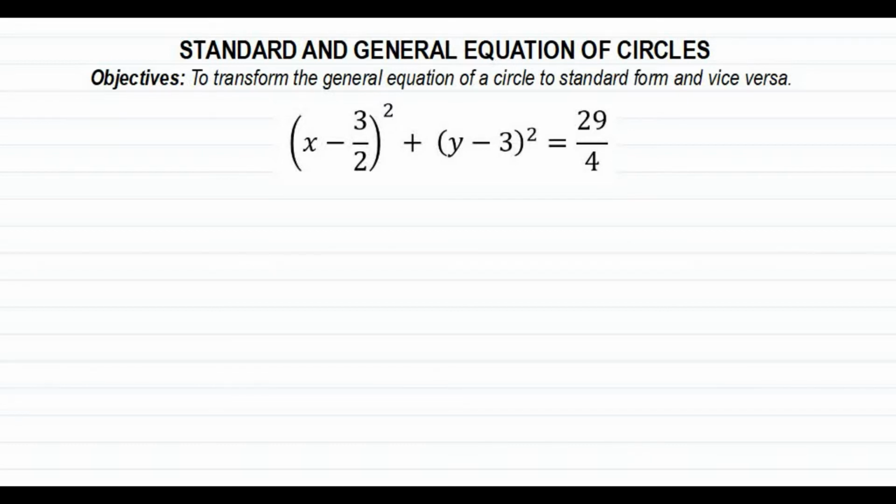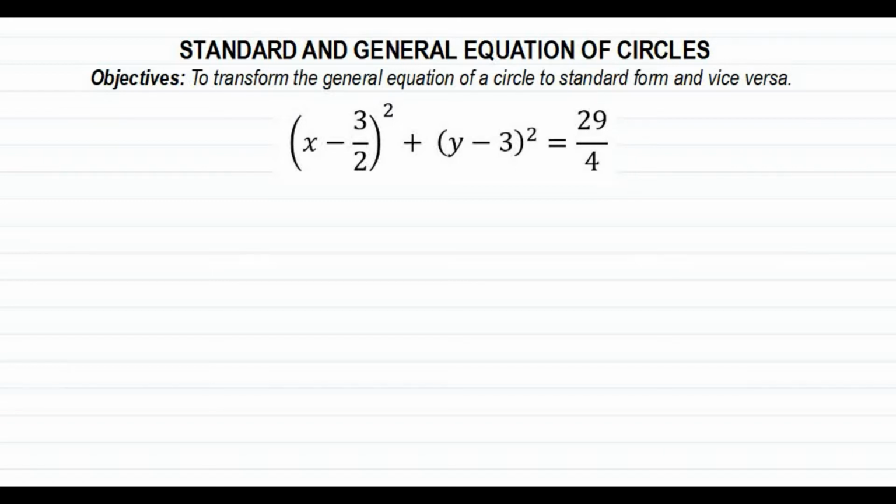Ang ginamit natin given today is from the previous video, yung ating last condition, na nahanap natin ng standard equation as the squared of x minus 3 halves plus the squared of y minus 3 equals 29 fourths.